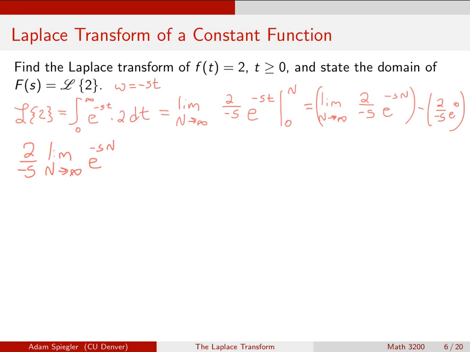If we have something like e to the minus large number, that's going to head to 0. And if instead I have e to a positive large number, then that's going to head to infinity. So depending on the value of s, we may get something positive, we may get something negative. As long as s is a positive number, then minus s times something which is heading towards infinity puts us in the case where we have e to a large negative number on top.